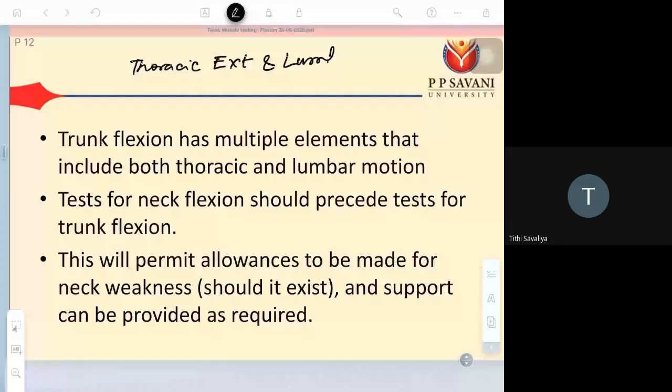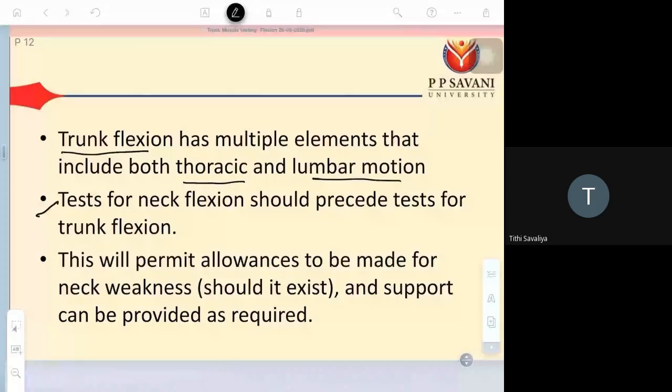Same way, if you call it trunk flexion, it includes both thoracic flexion and lumbar flexion. Clear? So trunk flexion has multiple elements that include both thoracic and lumbar motion.